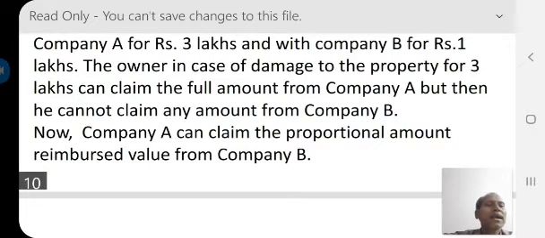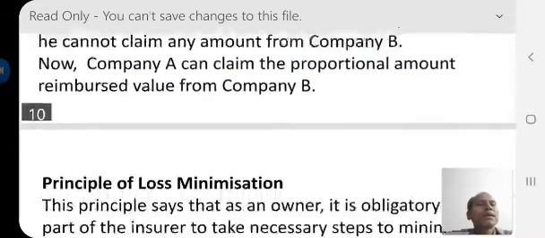And he cannot get a profit by taking many policies on the same property.